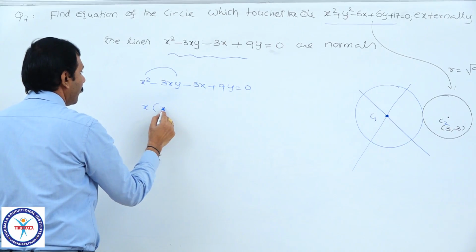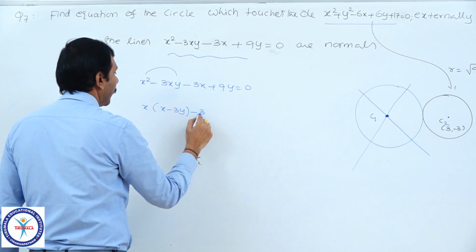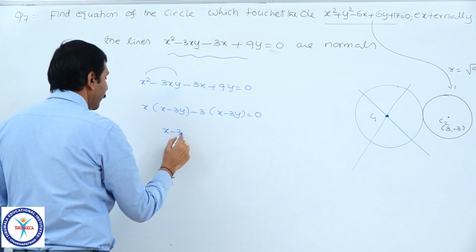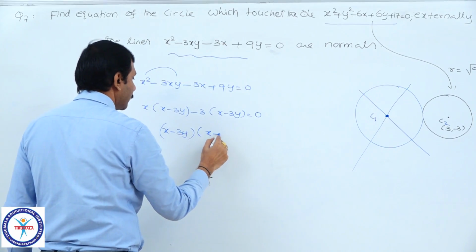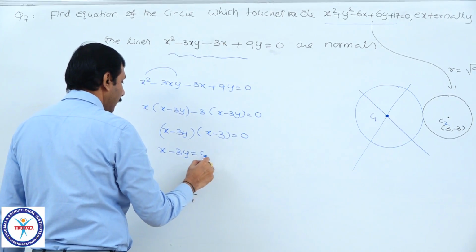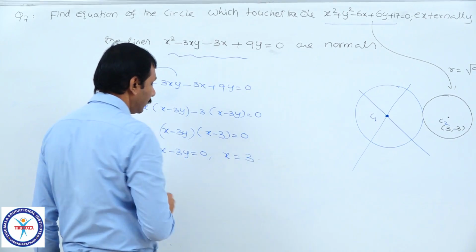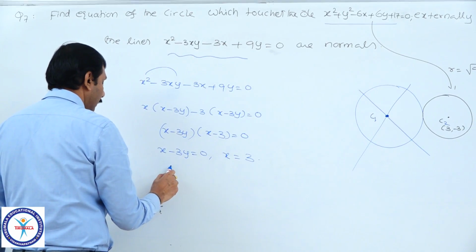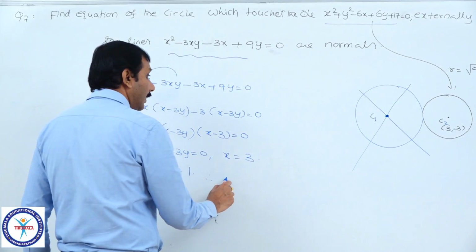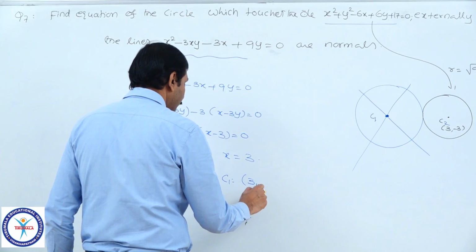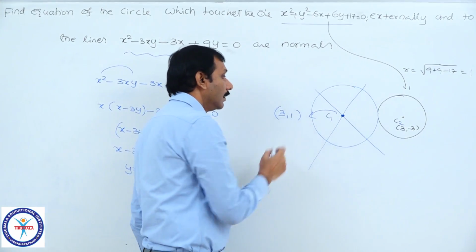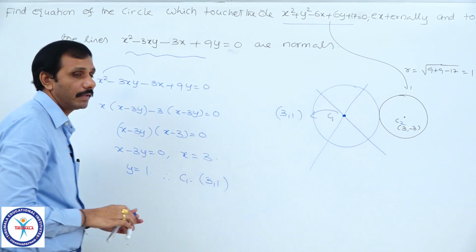If I take x common, x into x minus 3y minus 3 into x minus 3y, or x minus 3y into x minus 3 equal to 0. Therefore, these lines are x minus 3y equal to 0 and x equal to 3. x equal to 3 means y will become 1. Therefore, the center of that circle is 3 comma 1.